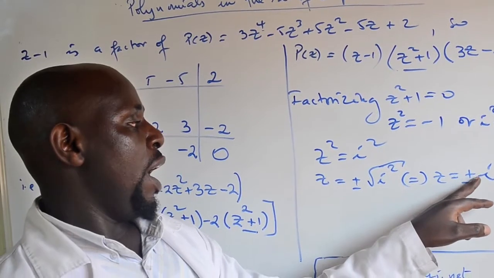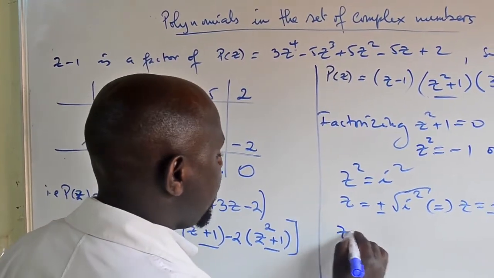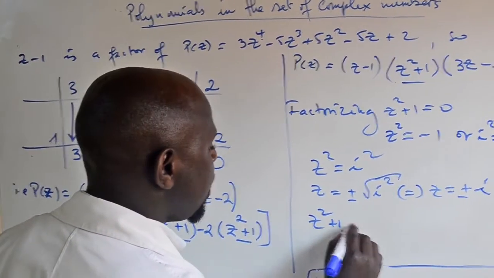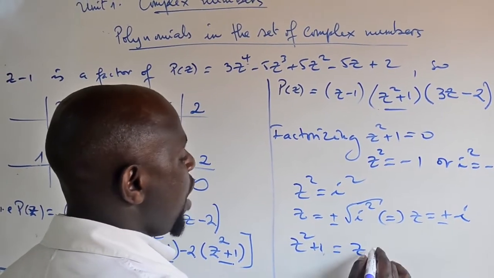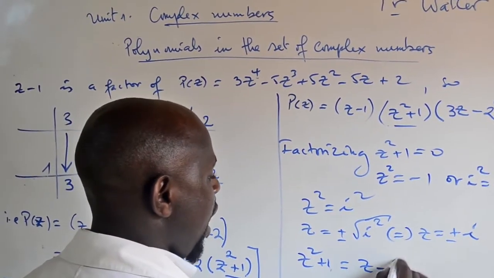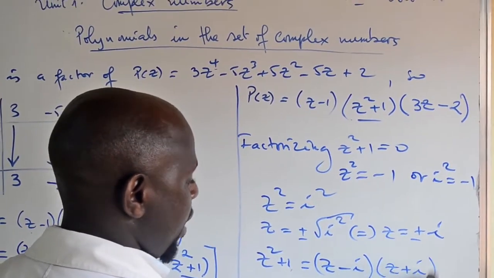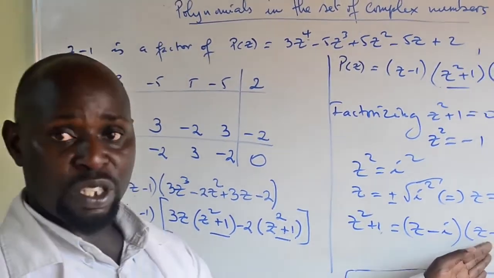Which are i and negative i, and then we can see that the factor form of z squared plus 1 have to be equal to, because a is equal to 1, z minus i factor z plus i, ladies and gentlemen. This will be now the factor form of this one.